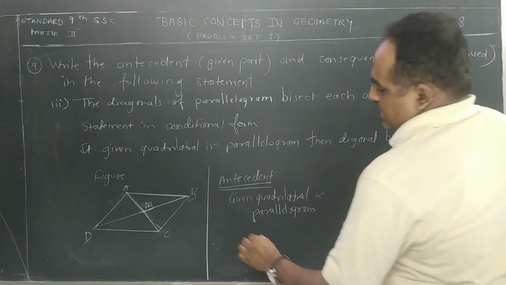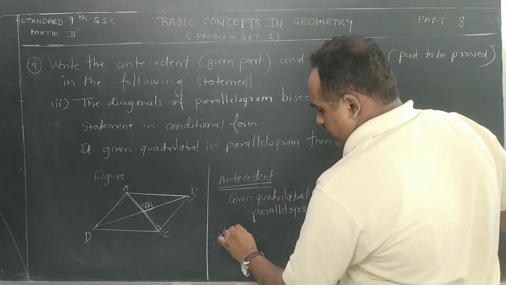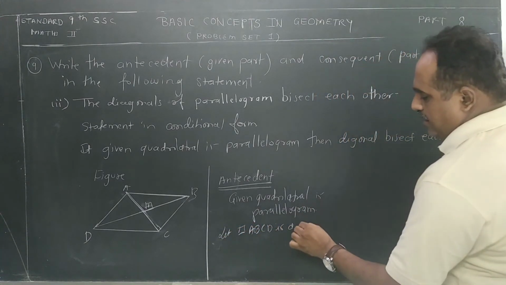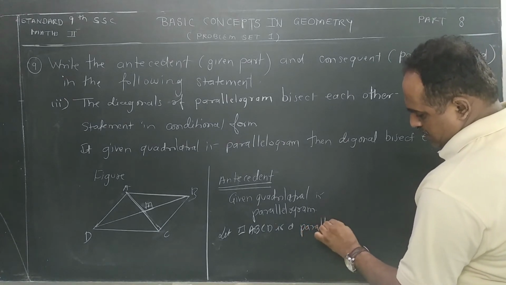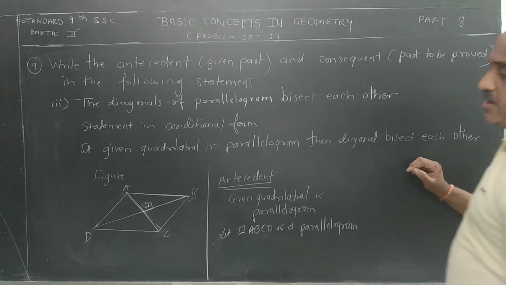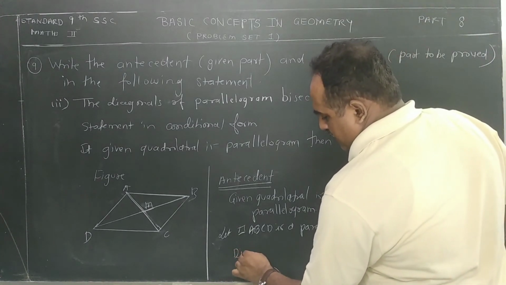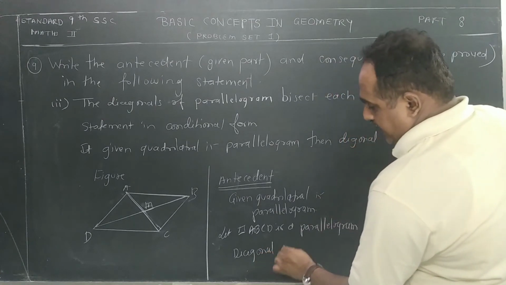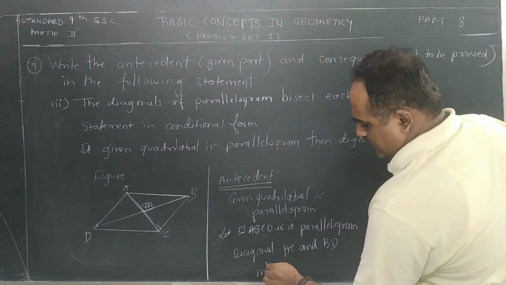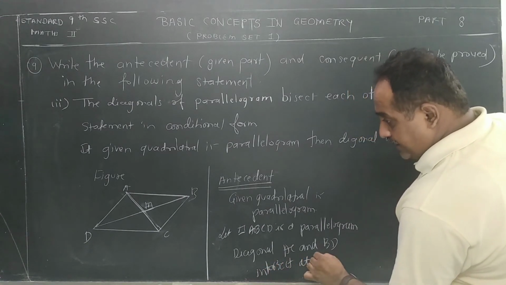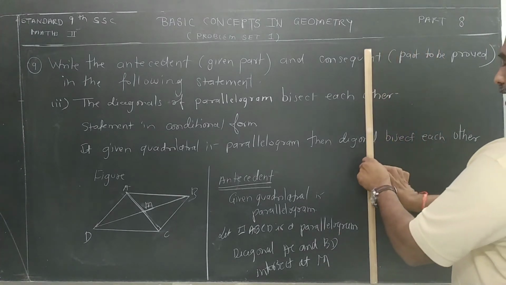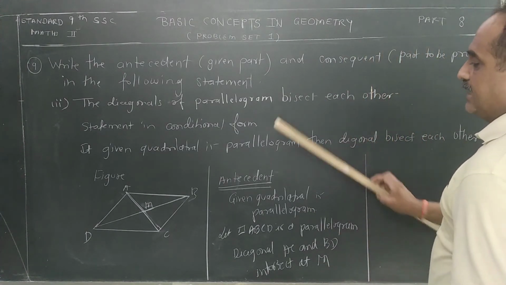Here you can write: let quadrilateral ABCD be a parallelogram, and then write diagonals AC and BD intersect at M.